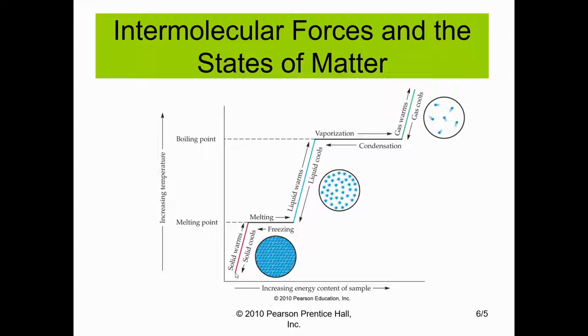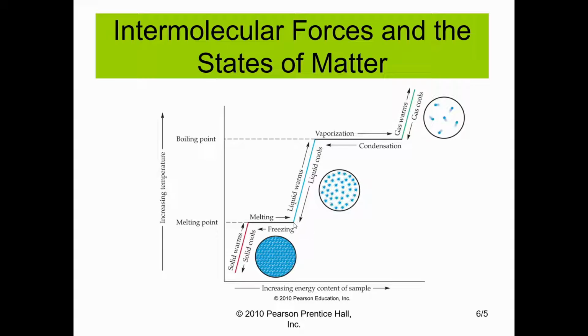We can start here at the bottom. This is the lowest temperature. As we take a solid and warm it up along this red line, eventually we'll hit the melting point. This is where the solid will begin to transition into a liquid. At this point, the temperature will remain the same until the molecules have fully melted into a liquid.